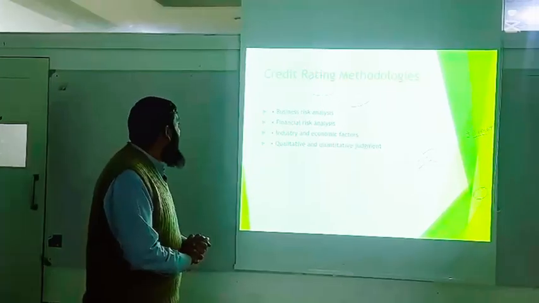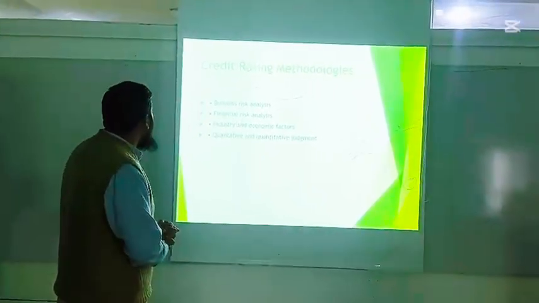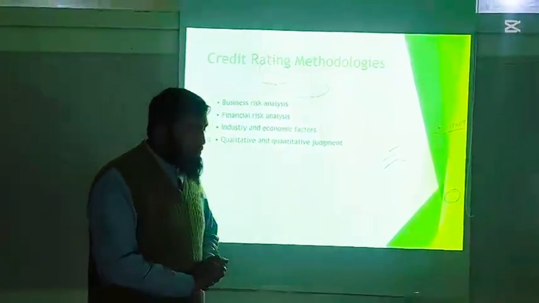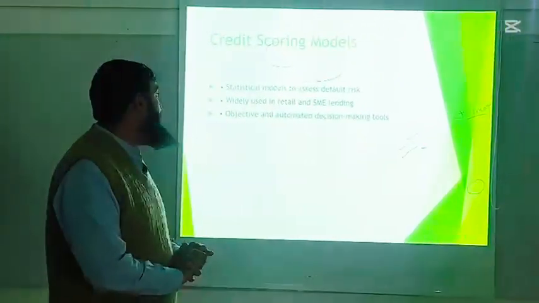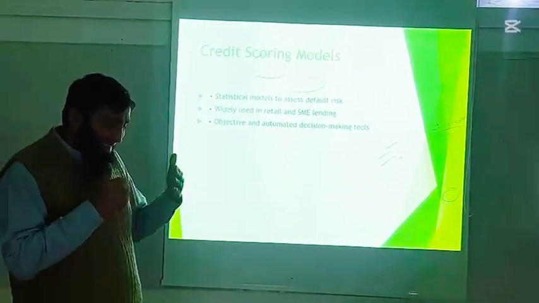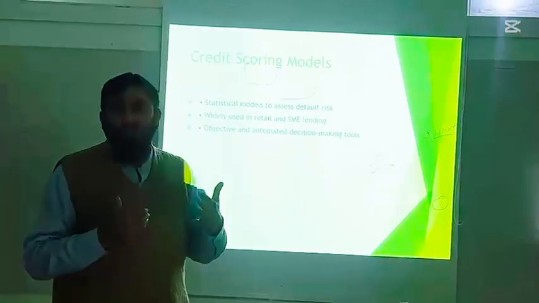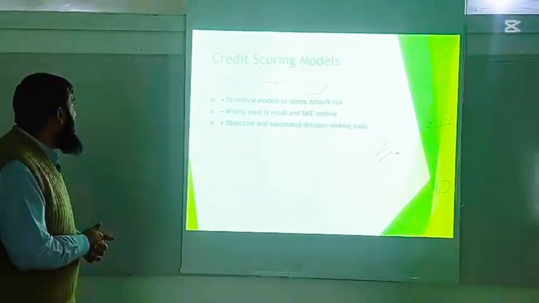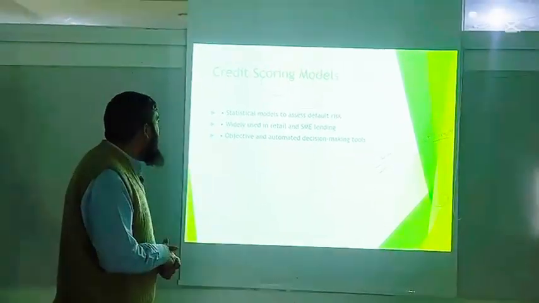The third one, industry and economic factors. The last one, qualitative and quantitative judgments. So these are the four methods which we can use to better understand the real facts and figures behind this qualitative credit risk rating.